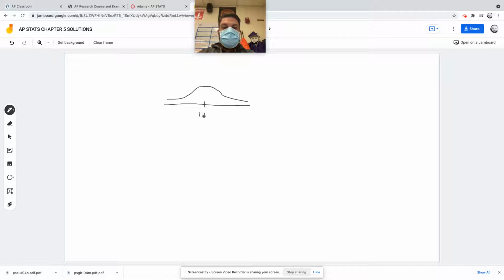So this is 1152. And for part B, they want the lowest 20%. And so they want all this stuff right here. And this is the lowest 20%.